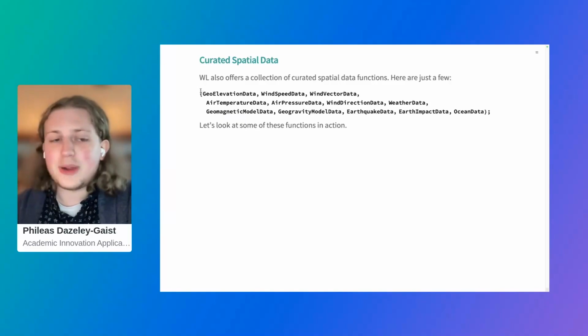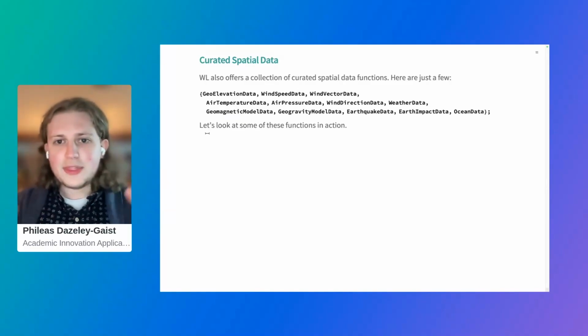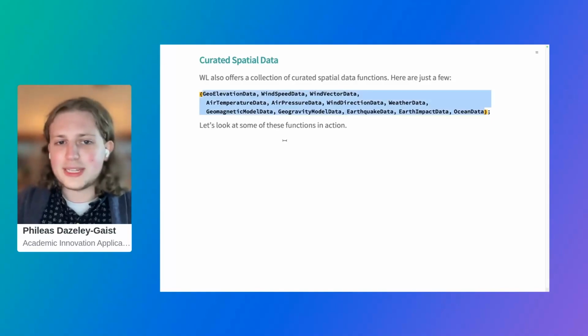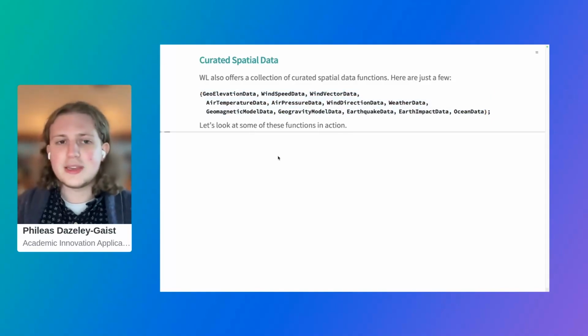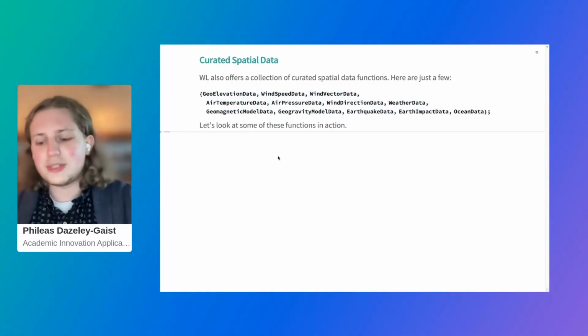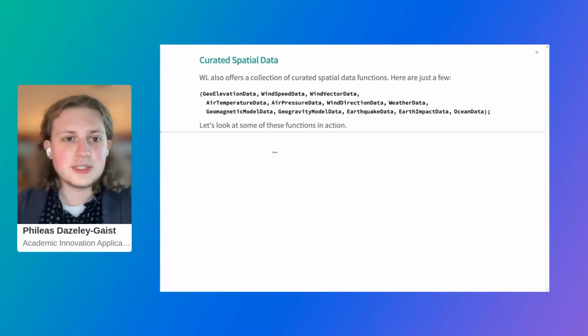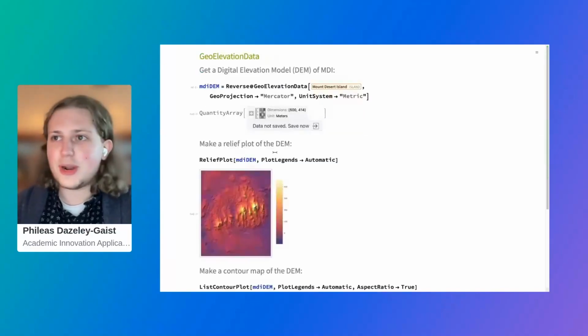These functions are incredibly useful, very convenient and easy to use, and they allow you to essentially, in one line, import a bunch of real-world data, all the way from elevation data to Earth impact data and earthquakes, or geomagnetic model data, et cetera. Let's take a look at a couple of them in practice.